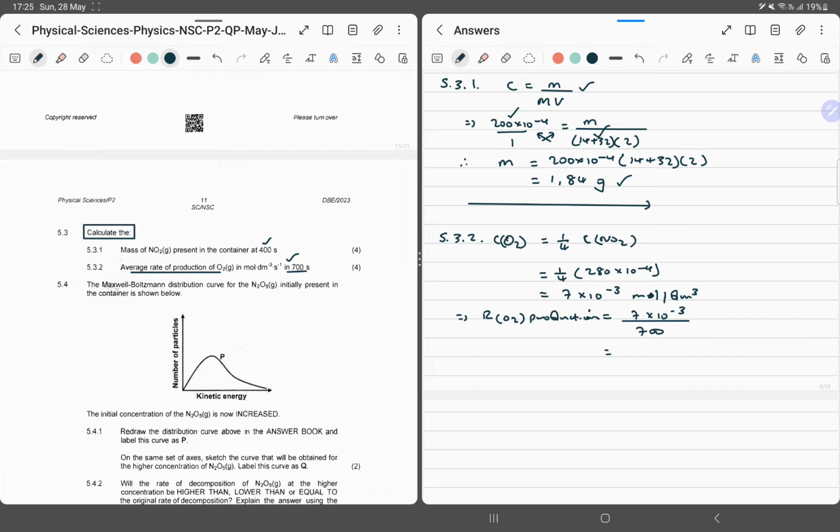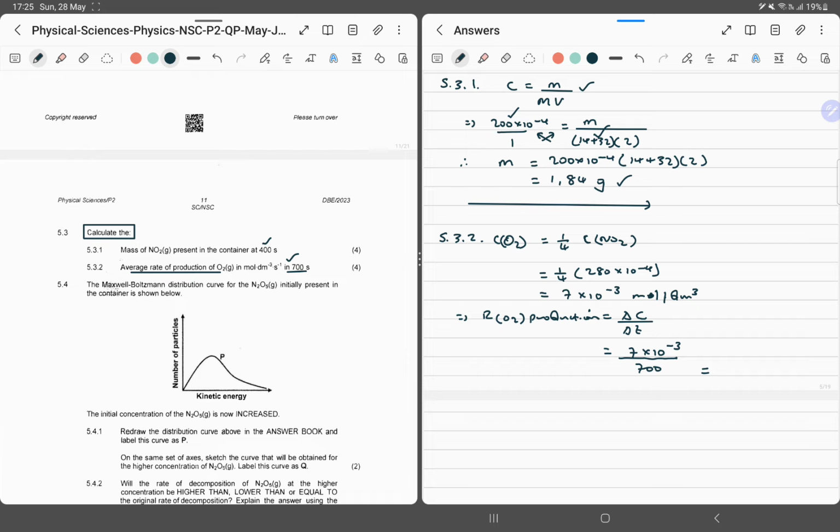Sometimes, do you really want to write a formula? Yeah, perhaps. Yes. I hate this though. Change in concentration over change in time. So this is 7 times 10 to the minus 3 over 700. Let's just put down the answer there to save our space.